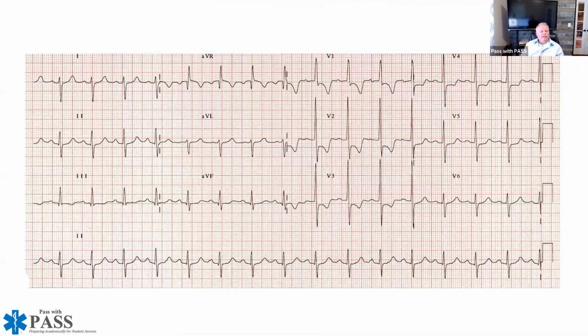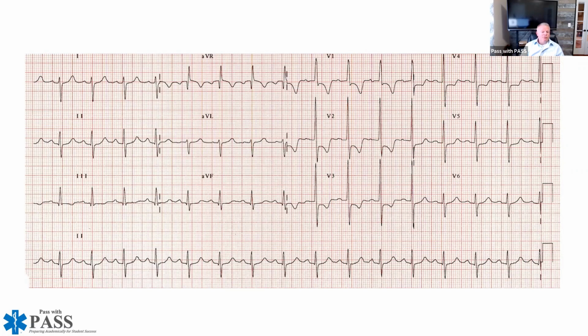So when you look at this at first, you guys are going, oh, okay, yeah, he's got some flipped T waves, maybe a little hypoxia. We'll give him some aspirin, we'll give him some oxygen and transport this patient to the hospital. But if you're truly looking at axis deviation, and I think we should be, it's telling you that there is something going on in that right ventricle.